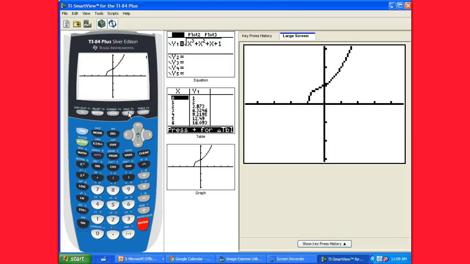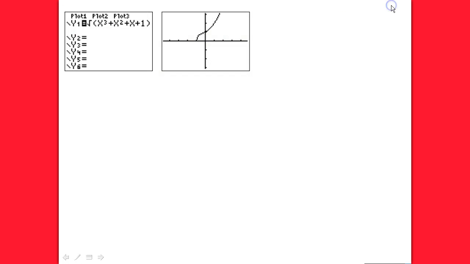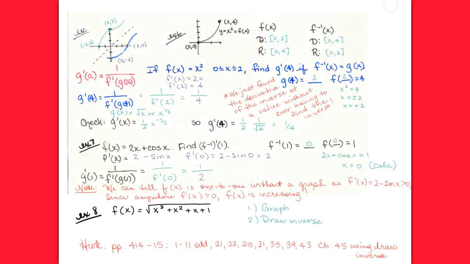So if I tell it to draw the inverse of what's in y1, it draws it. I love that. There's no reason why we couldn't reflect it across the line y equals x, but I think it's kind of cool that when we have the equation, we can get our calculator to draw it for us. So once again, we just put the equation in y equals, and it graphed it. Then we went to second program, which was draw, and went down to draw inverse. We told it to draw the inverse of what we had in y1, and it generated it for us.